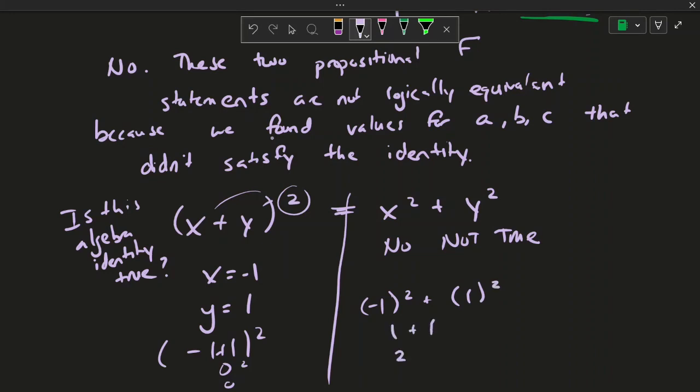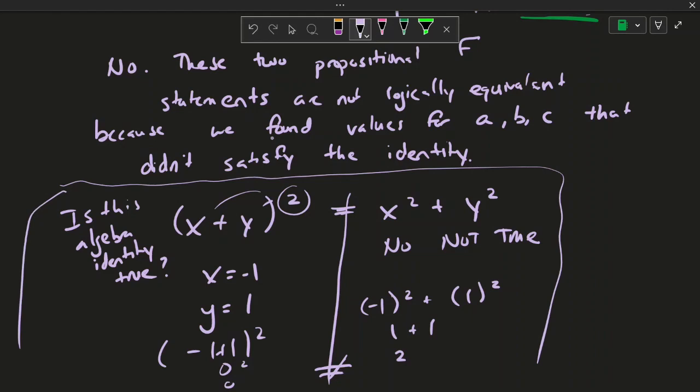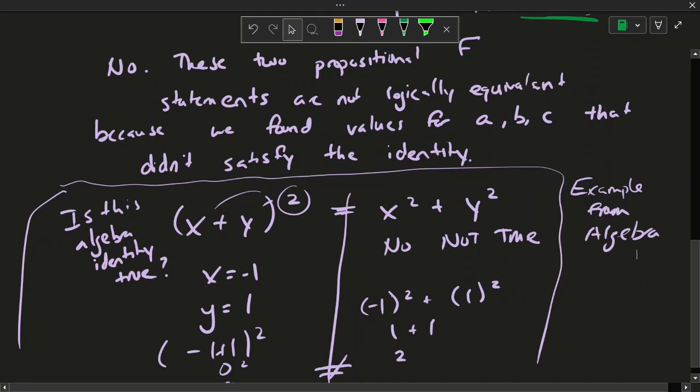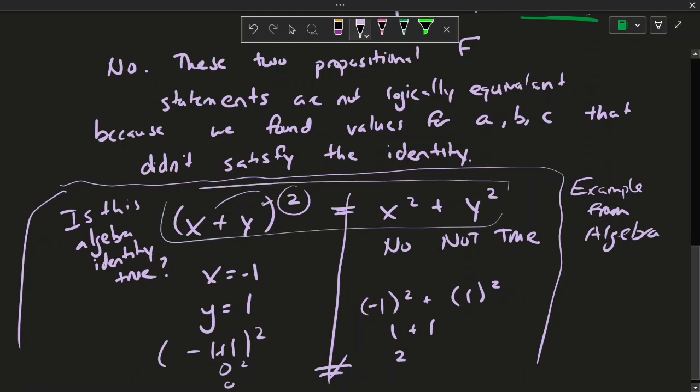That's 1 plus 1, and that's 2. And 2 does not equal 0. So this is the analogy I want you to think about: is this identity true? Are these two algebraic statements equal? No, they're not, because I found x and y that showed they're not always equal.